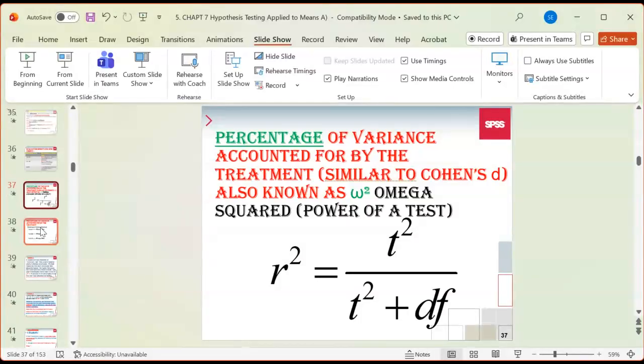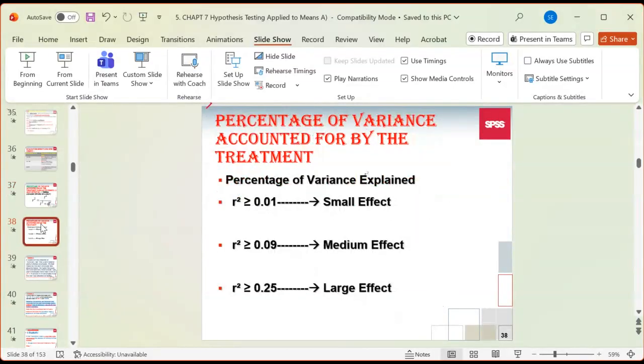That's the R square. R square also has a table. If it's less than 0.01, it's a small effect. If it's 0.01 but less than 0.09, it's a medium effect. Sorry, if it's less than 0.09, 0.01 is a small effect.